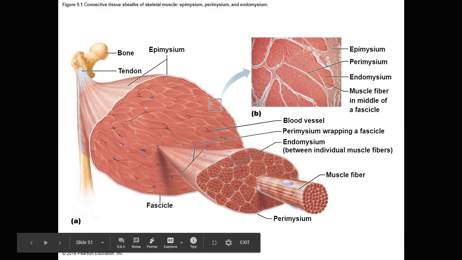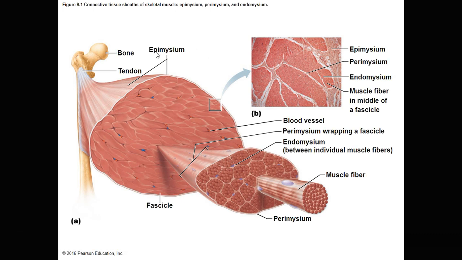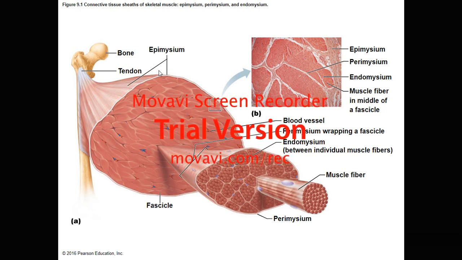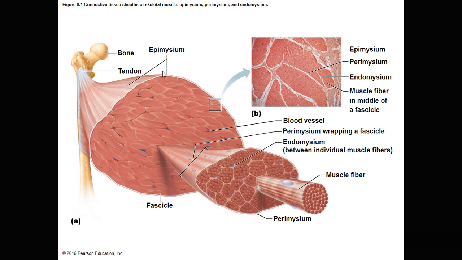This is a figure of what we've been talking about. You can see right here, the epimysium surrounds the entire muscle, okay? So within a muscle, you have muscle cells, and we call these muscle cells fibers because they're long.